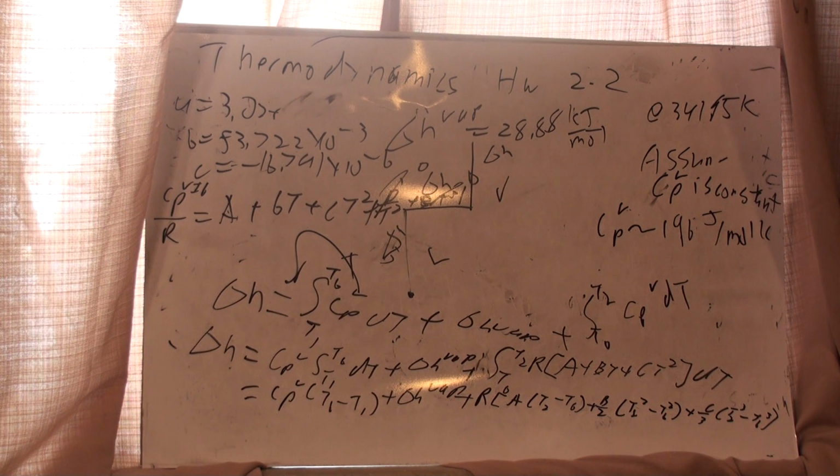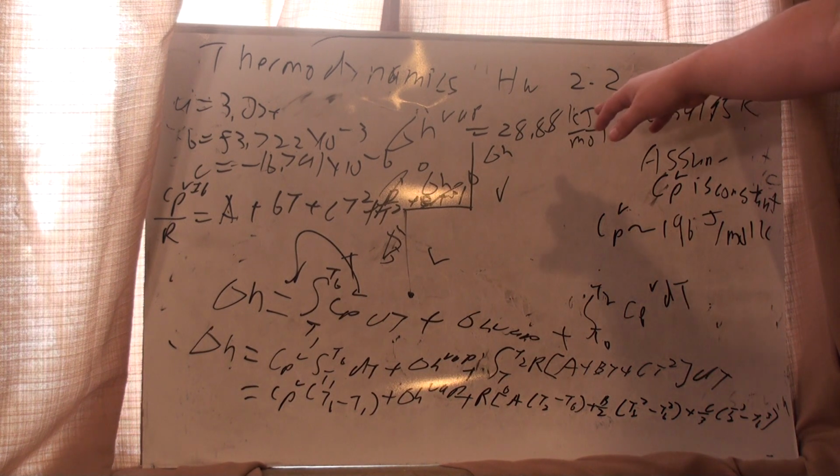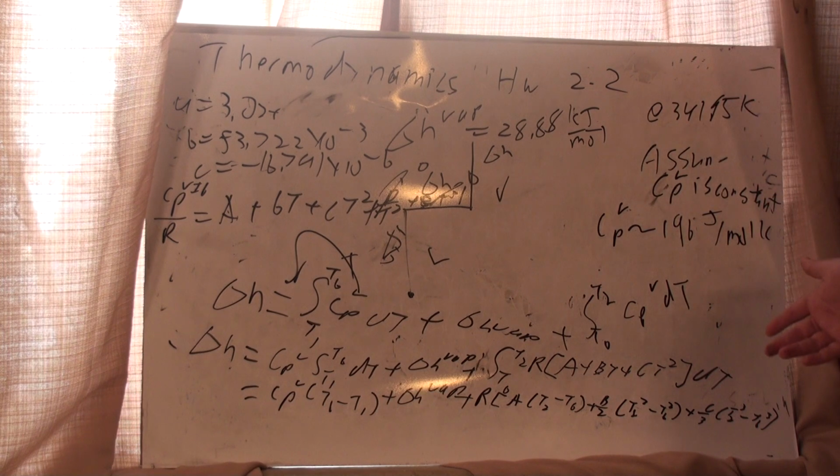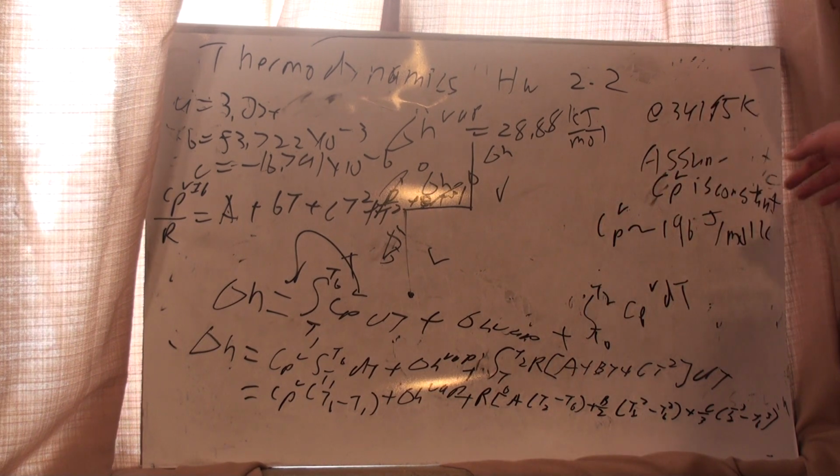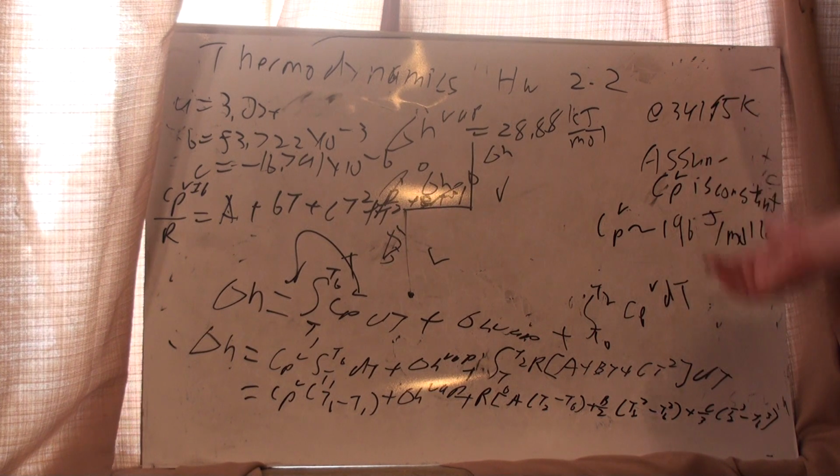The other thing I want you to do is see how things compare. This was 28.88 kilojoules per mole, and the liquid heat capacity is 196 times our temperature difference. That's 341, so about 40 K worth of change. 40 times that is about 8 kilojoules.